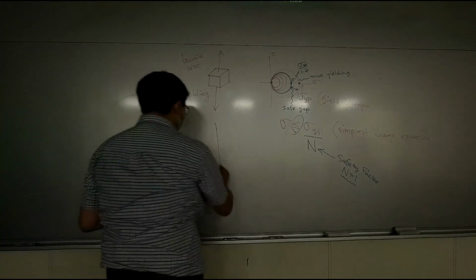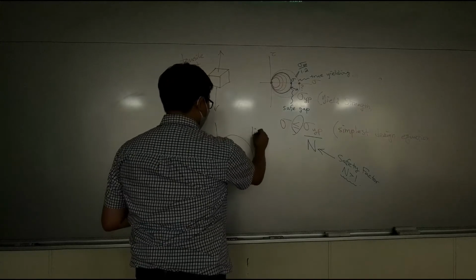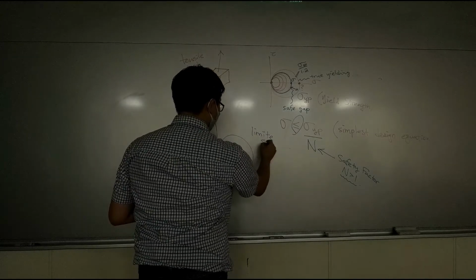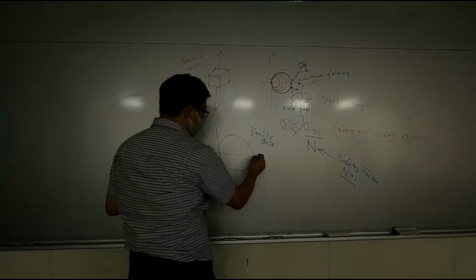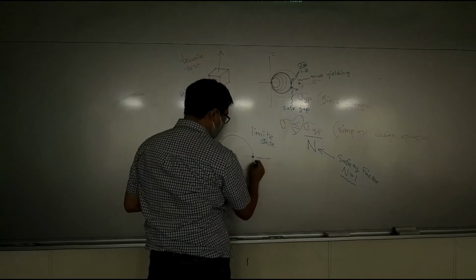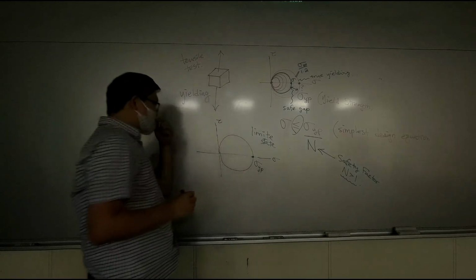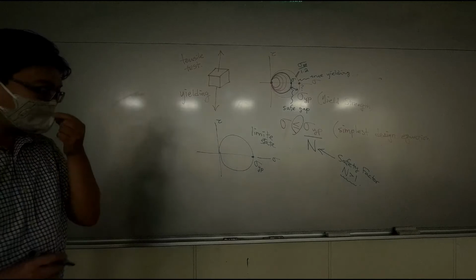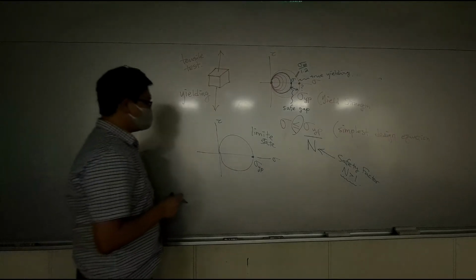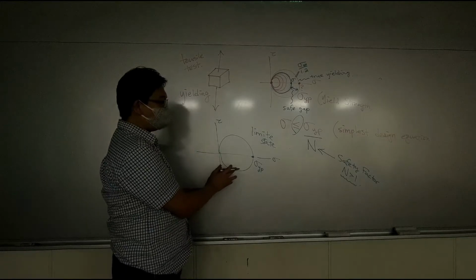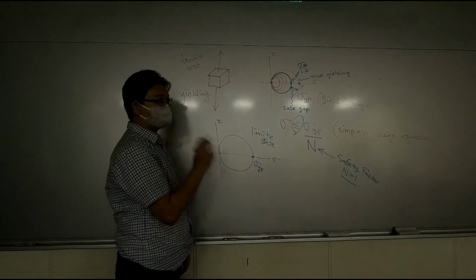So if we take a look at the limit state of a Mohr circle, where we have sigma yp here. This is the extreme case where a material can survive. And let's take a look at how large your shearing force is.